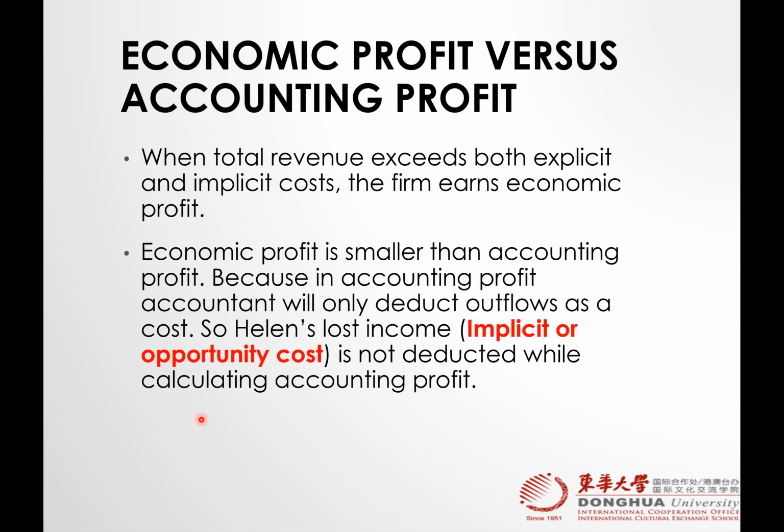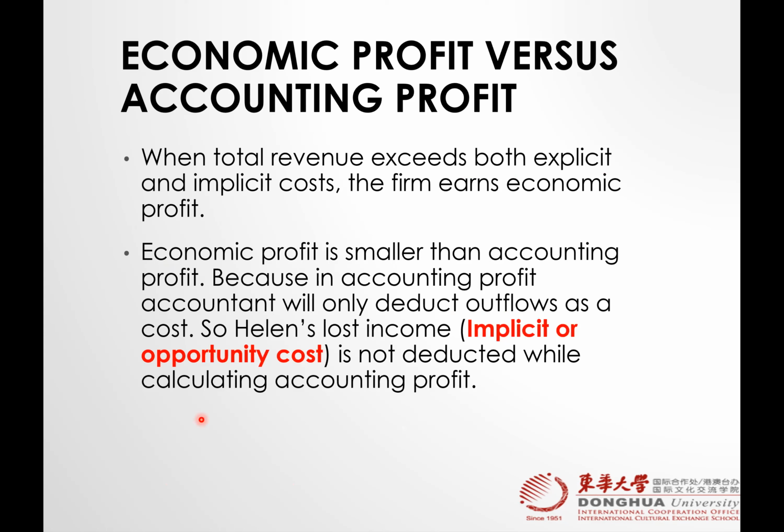So here, when total revenue exceeds both explicit and implicit cost, then we say that this is economic profit. Normally, we don't have any economic profit. Why? Because implicit cost is also included in total cost. So point number 2 is that economic profit is smaller than accounting profit. You agree?